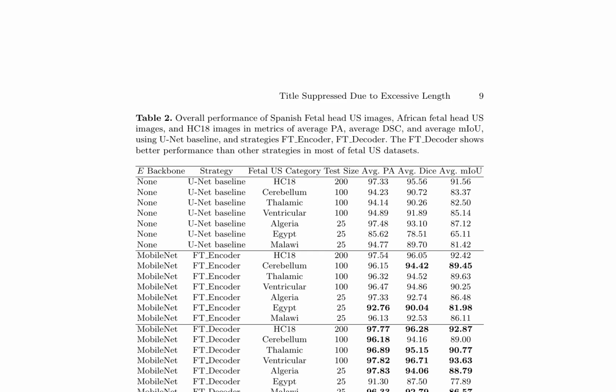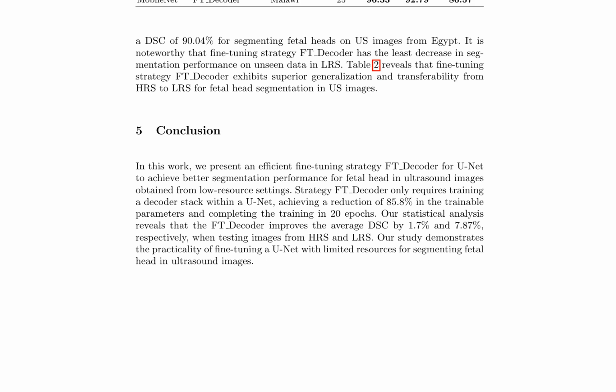The FT decoder strategy consistently outperforms the others, especially in reducing the number of trainable parameters and completing training in fewer epochs. In terms of segmentation accuracy, the FT decoder improves the average DICE score by 1.7% in high-resource settings and by a significant 7.87% in low-resource settings.